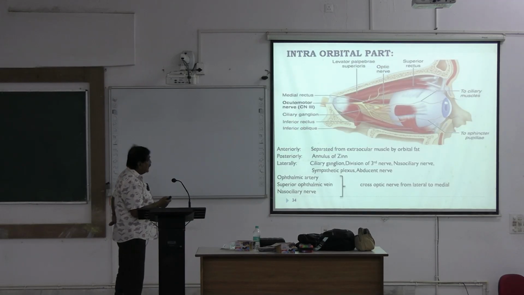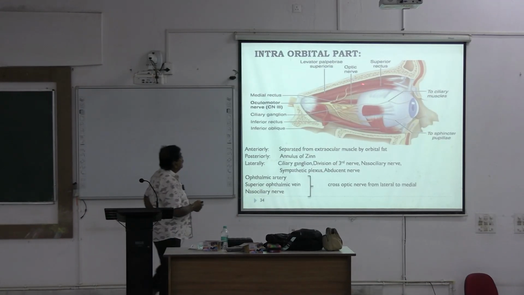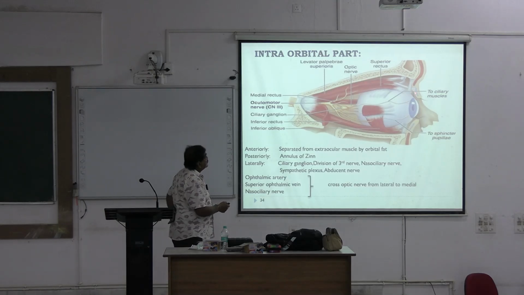Now, the intraorbital part. This is the ciliary muscle, and the sphincter pupillae; this is not supplied to the sphincter pupillae. Superior rectus; this is the optic nerve, this portion.